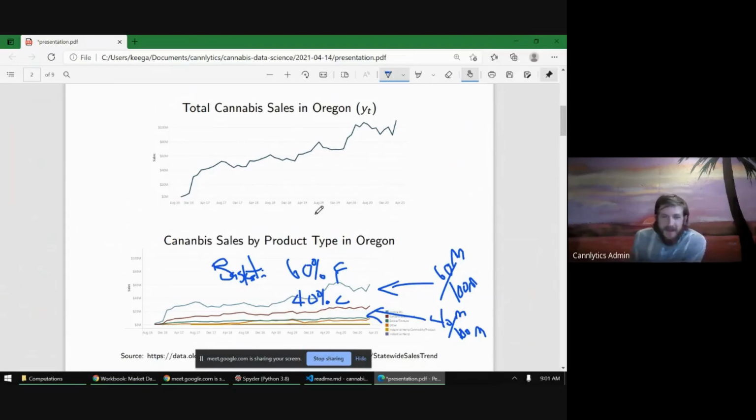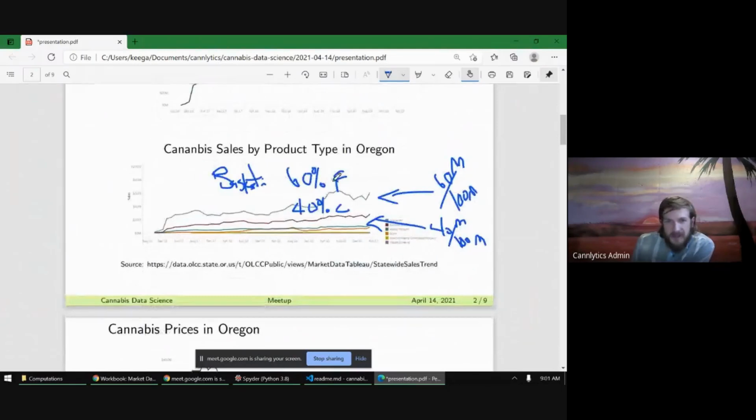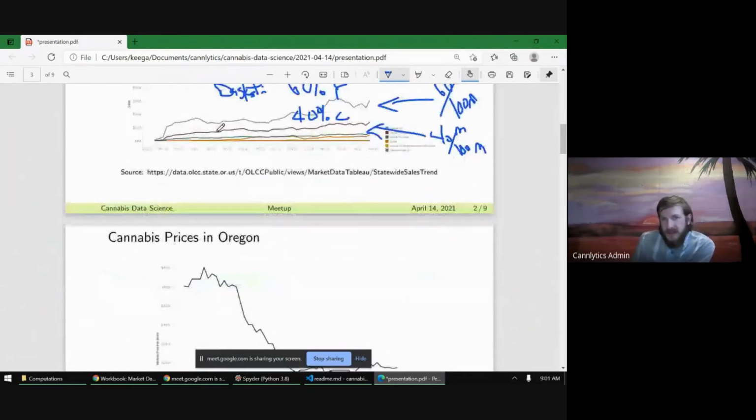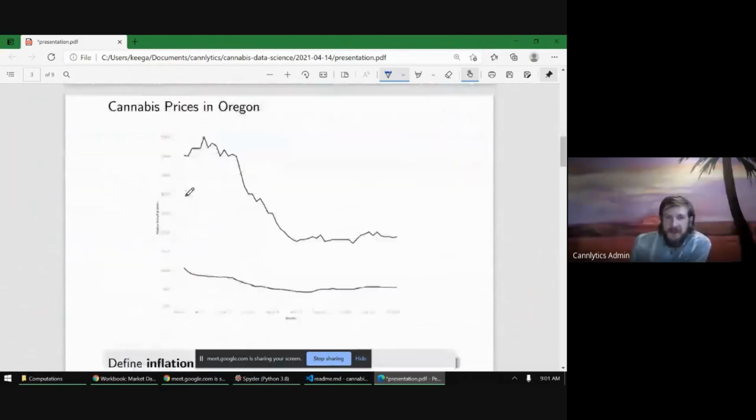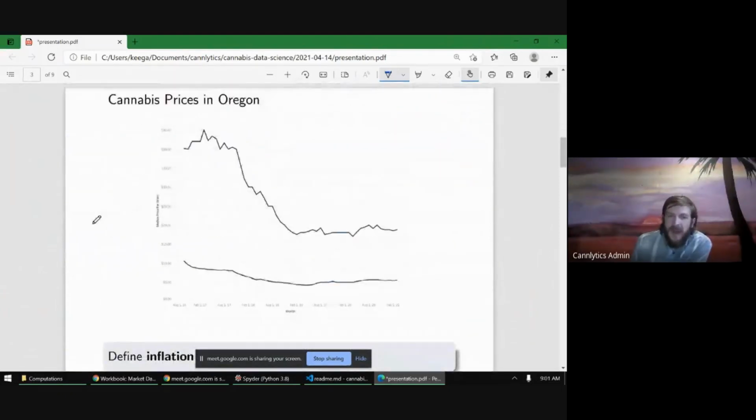Sorry for the crude handwriting. So you've got 60% flour and 40% concentrate in a consumer's average basket. The way you would then measure the inflation of a cannabis basket, so for a consumer of cannabis, what's the inflation in their cannabis basket?